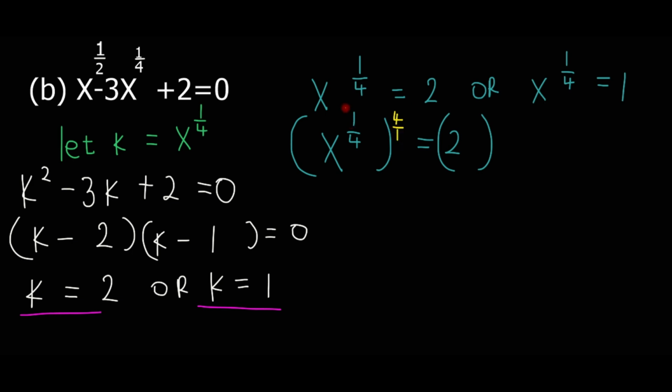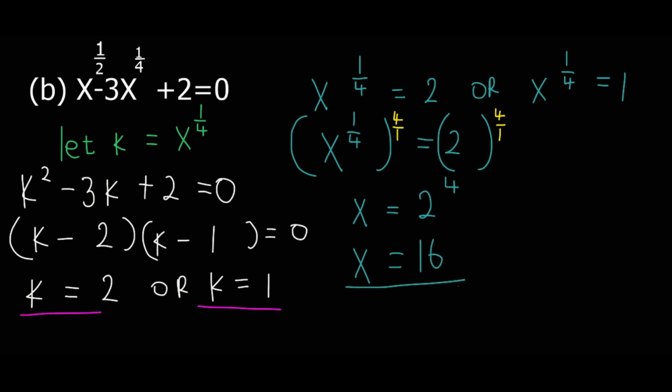Remember, we just flip this number, and then from there they will cancel, because 1 and 1 cancel, 4 and 4 cancel. So from there I can say x equals 16. Remember that 4 over 1 equals 4, and then this is 2 to the exponent 4, and 2 to the exponent 4 is 16.